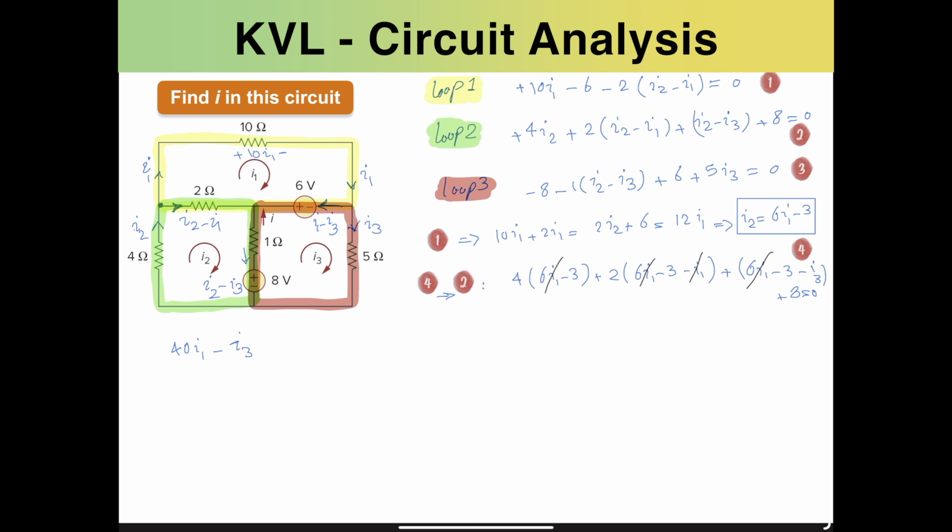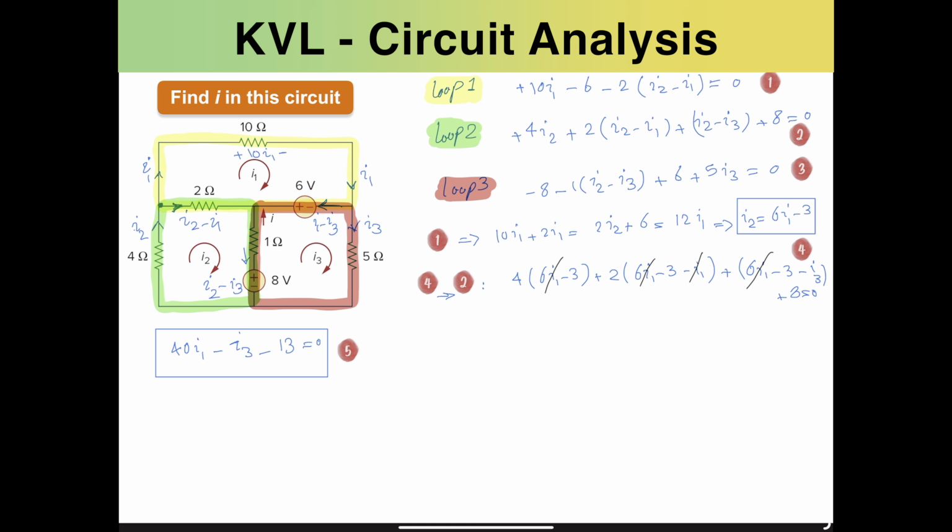Then our constants, 4 times minus 3, minus 12. 2 times minus 3, it's minus 6. So altogether minus 18. And minus 3, it's minus 21. Plus 8, so it will be minus 13. So minus 13 equals 0. So that is our next equation that we need to have, and I would call that equation number 5.